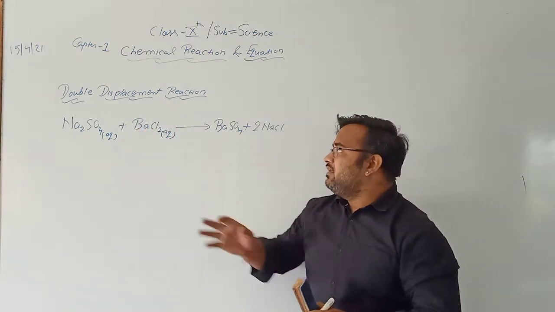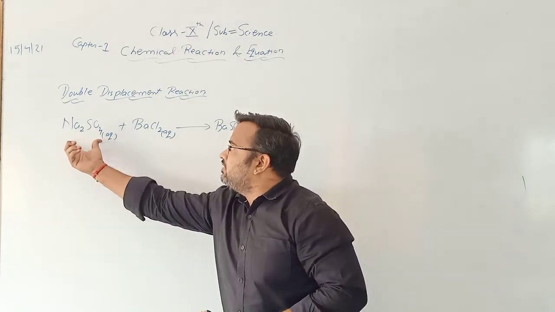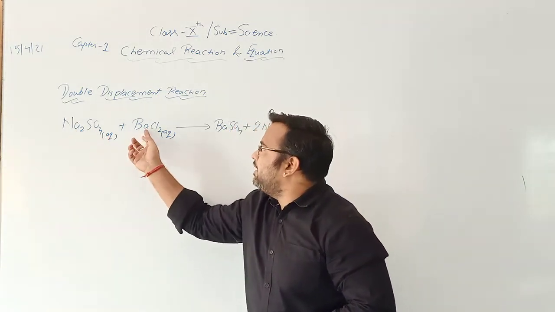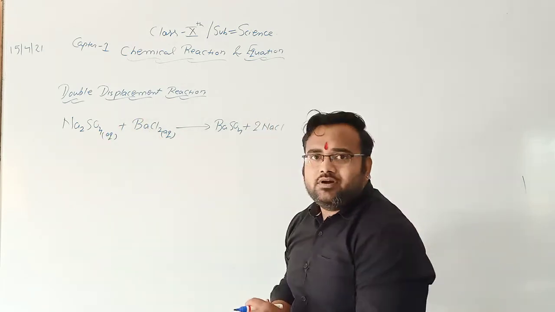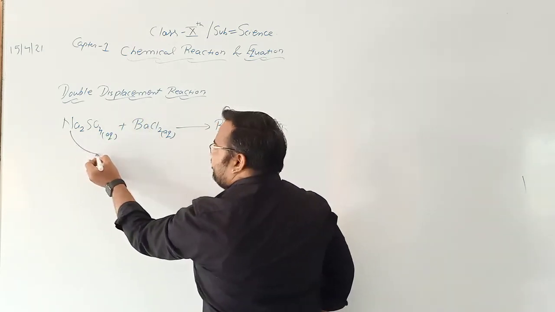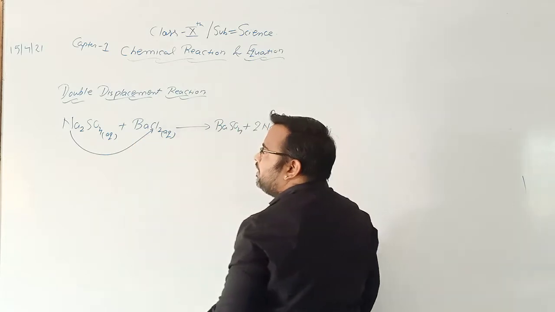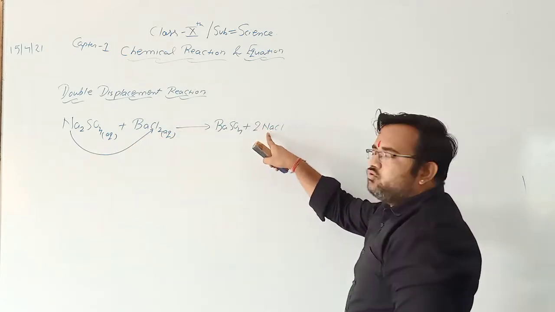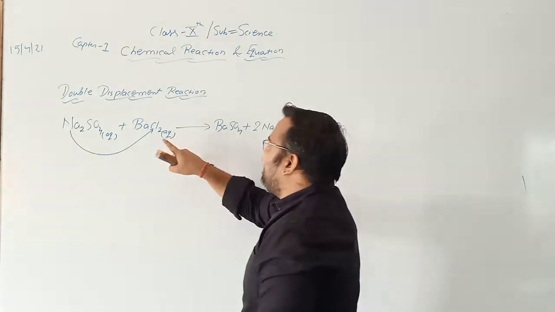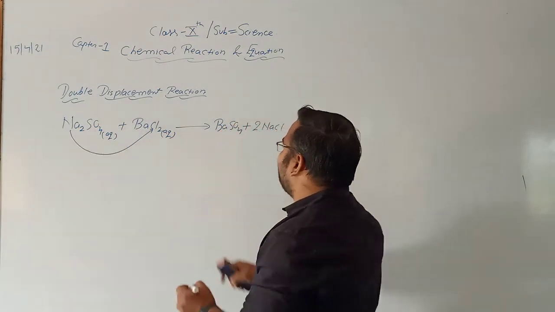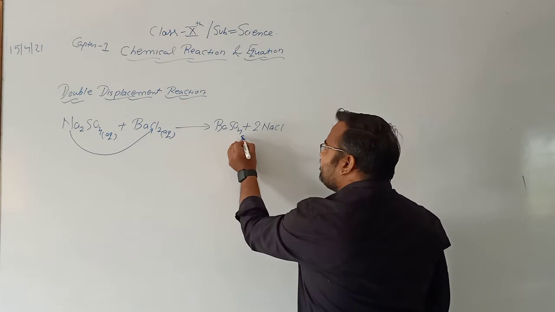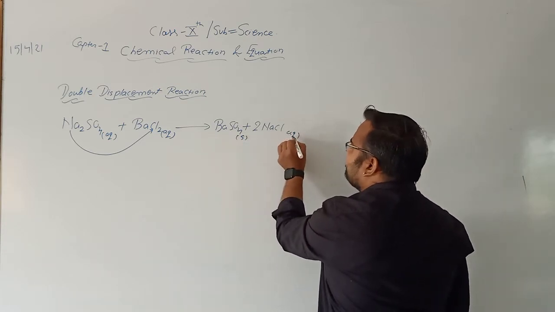We can see sodium from sodium sulfate and barium from barium chloride displace each other. That means sodium is combined with chlorine, so sodium chloride is formed, and barium is combined with the sulfate, so barium sulfate is formed. This is solid and aqueous.